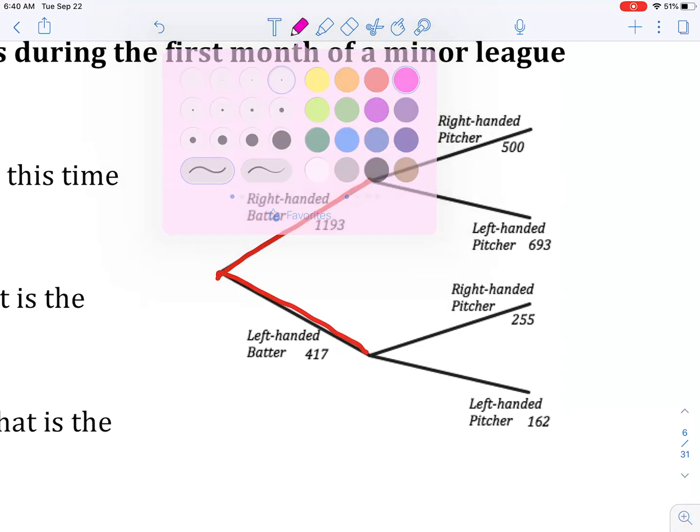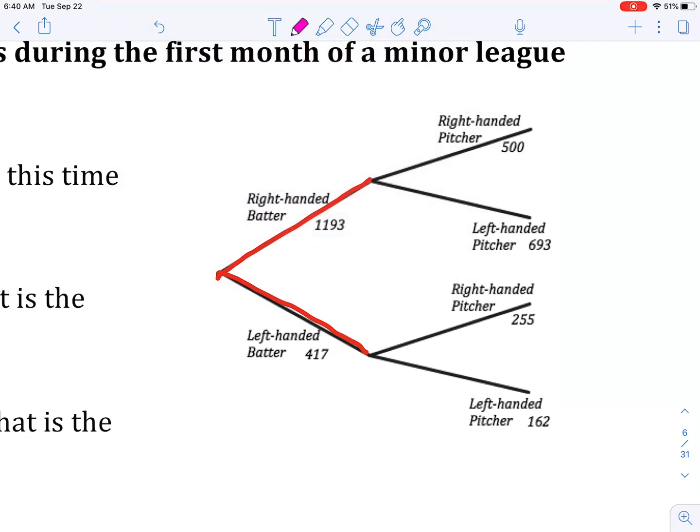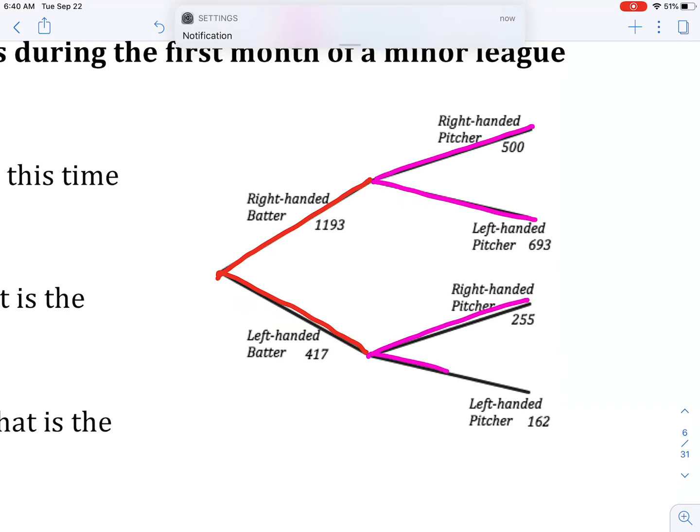And then after that, this would be a right-handed batter facing a right-handed pitcher. This is a right-handed batter facing a left-handed pitcher, and then a left-handed batter facing a right-handed pitcher, and a left-handed batter facing a left-handed pitcher.